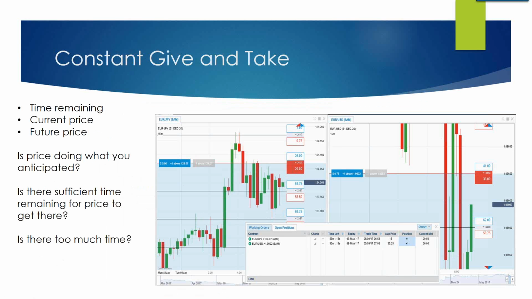But then again, if I want a 4-strike movement, not a 4 pip movement, if I went out 2 hours, well, I might have too much time if it spikes up and then spikes back down. Do y'all understand that? These are things that we need to consider while we're in the trade.